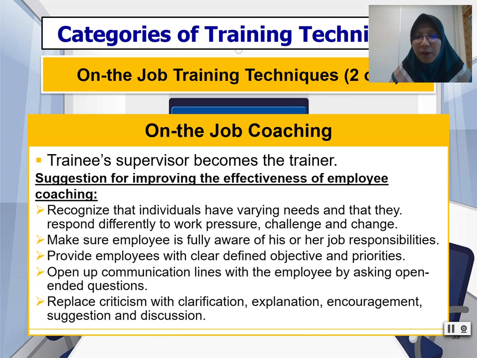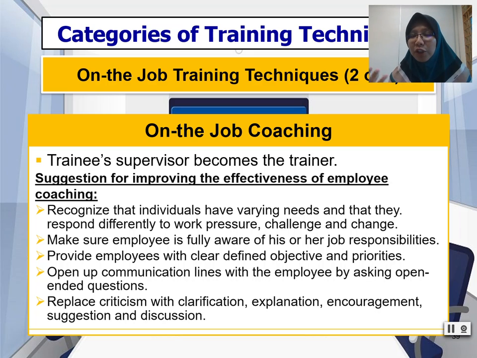Ask your employee, how was it? Is it hard? Can you do it? Okay, open-ended questions. And then, number 5, you need to replace criticism with clarification, explanation, encouragement, suggestion and discussion. Okay, so when your employee has completed the job, you need to do your clarification.